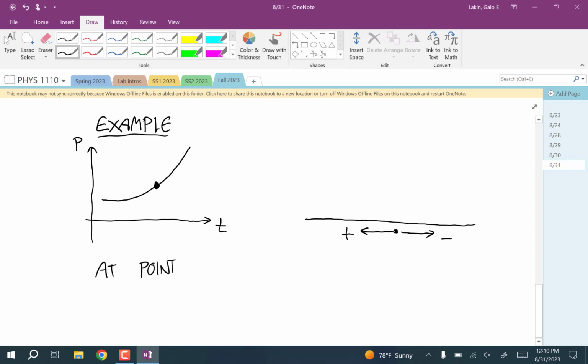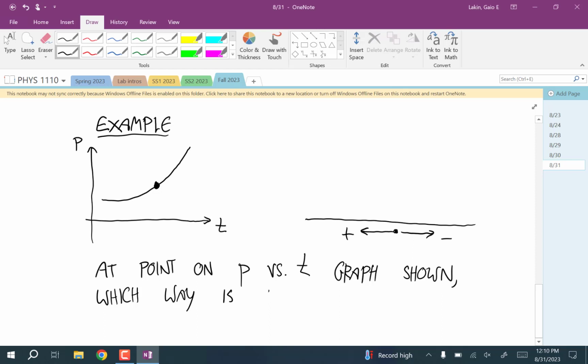At the point on the position versus time graph that's shown, which way is the object moving? Okay, so take a second and see if you can think through this.